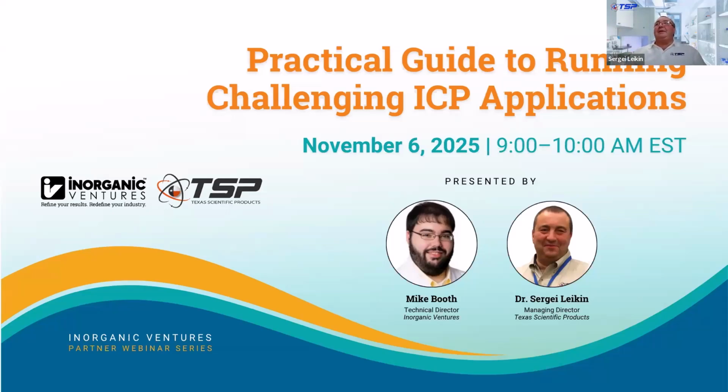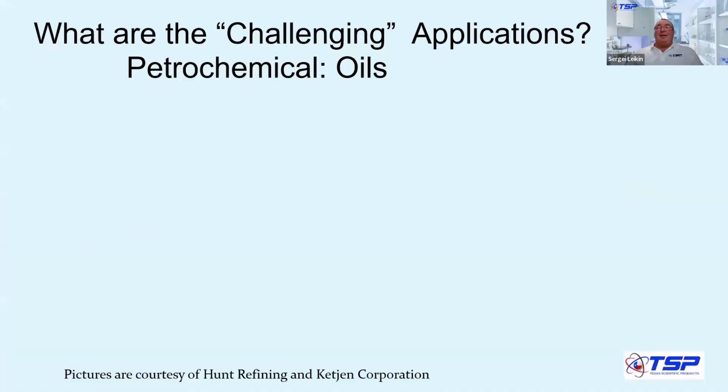And usually, organic applications like running oils do not come first. But when I looked over the information that I've got, it turns out that running oils was probably the simplest from this list of tough applications that we're going to be talking about. So let's dive into it.